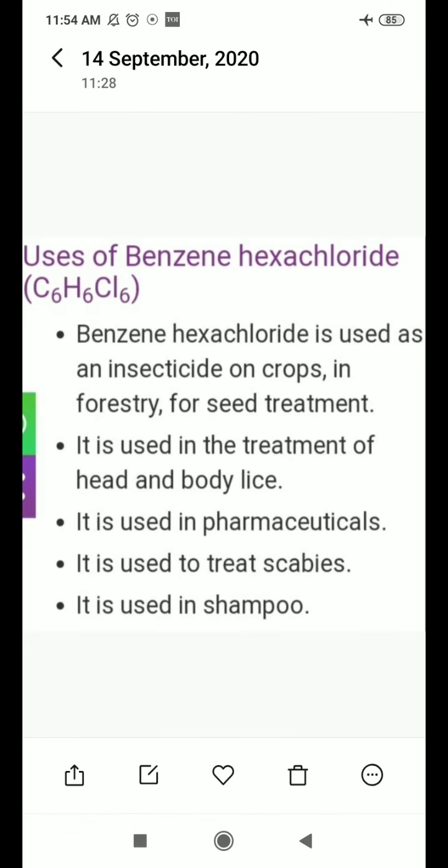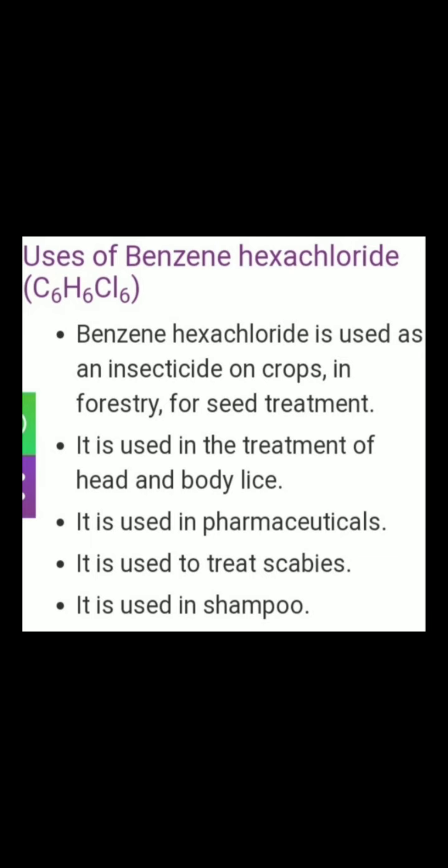In the case of pediculosis or lice, if the patient fails with other therapies, the last option is your Lindane shampoo. In the Lindane shampoo this particular chemical, BHC, is present, and this is more effective compared to other therapies. It is the last option for this pediculosis lice infection.